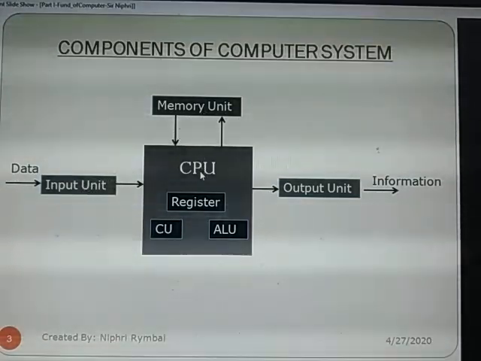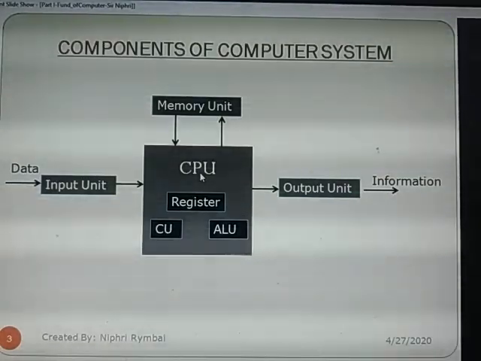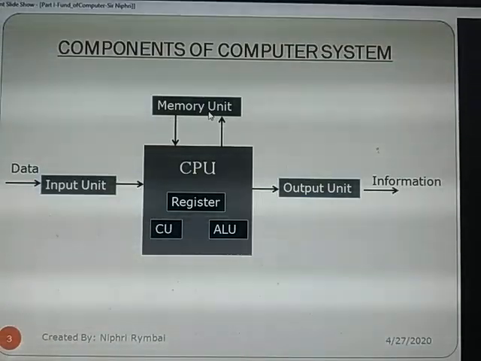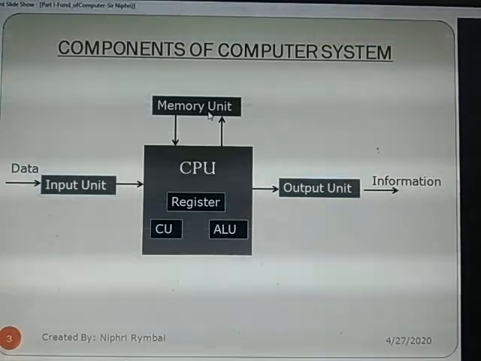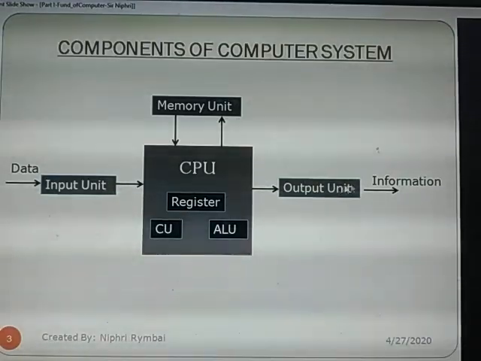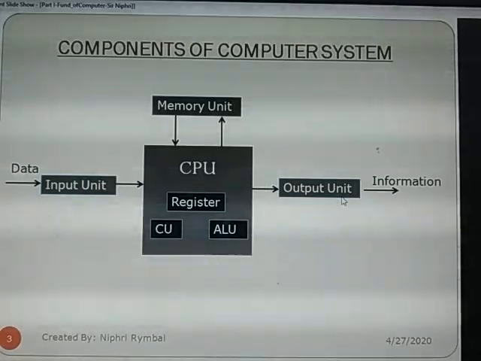Then the central processing unit, which is the brain of the computer, which helps in performing calculation on the data that has been input through the input unit. Then the memory unit, which helps to store data which is required by the computer to function or to run. And the output unit, like monitor, helps in generating information to the user.